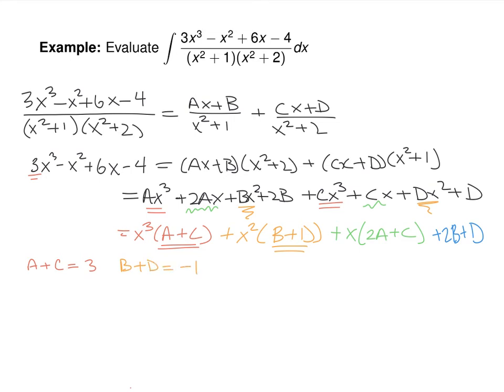The green thing, the 2a plus c, will have to equal 6. And the constant, the 2b plus d, will have to equal -4.